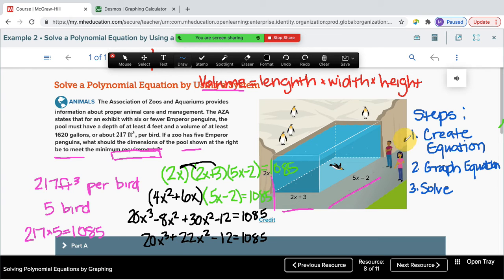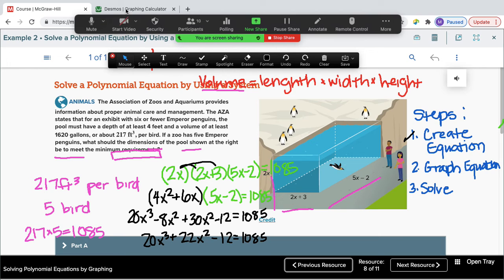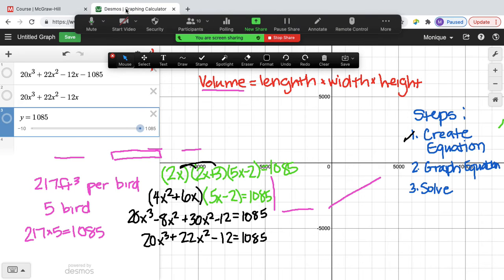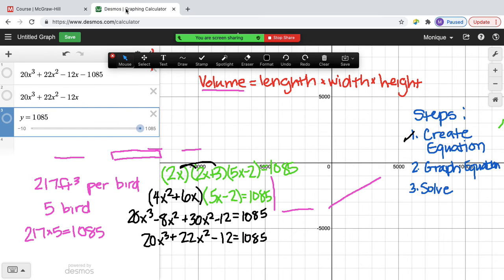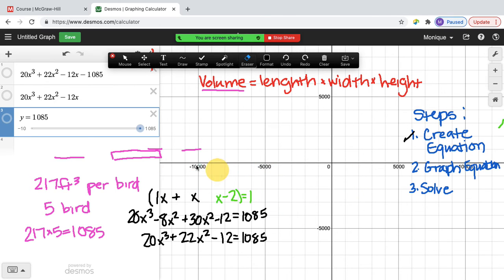Okay, so now step 1 is done. We have created our equation using volume because that's what the problem is about, the volume of the pool. And now we are going to graph the equation. So here's where we go over to decimals, and based off of whichever graphing method you like best, you do. So over here, I already have them set up.